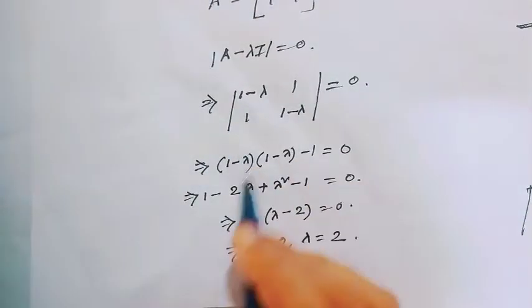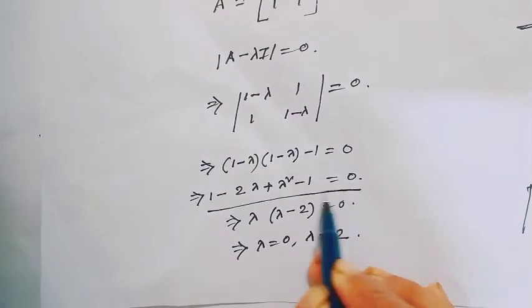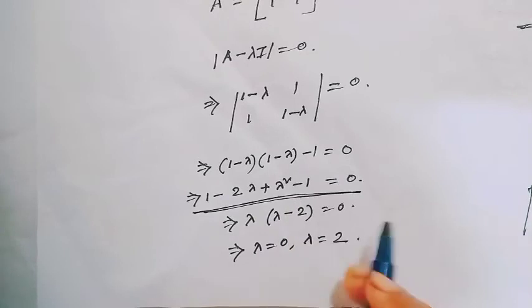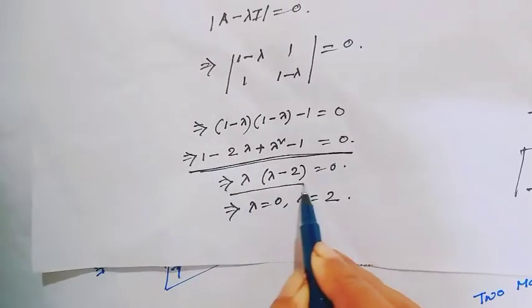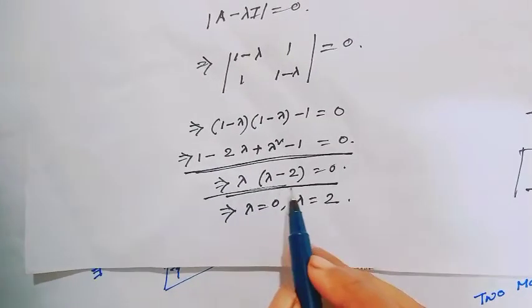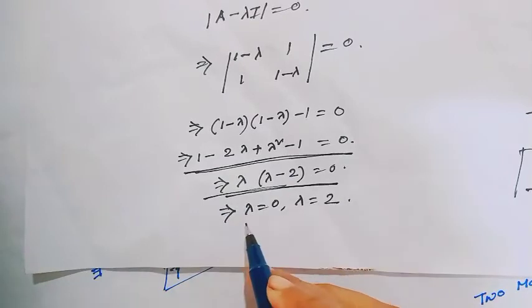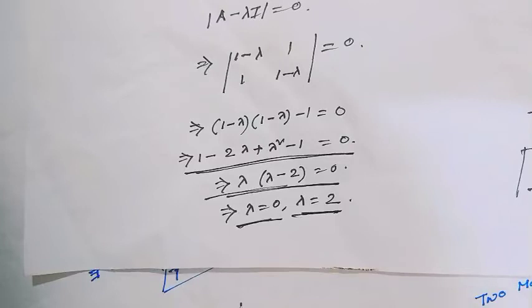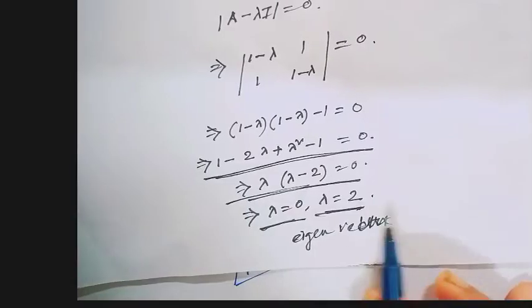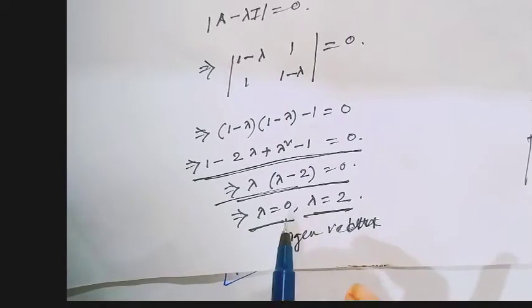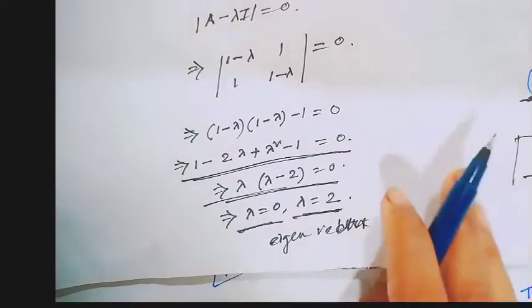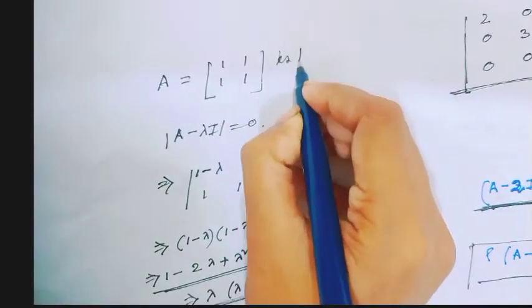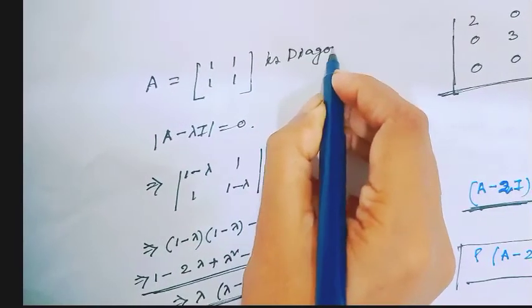From this equation, the characteristic equation is lambda squared minus 2 lambda, so lambda times lambda minus 2. That means lambda equal to 0 and lambda equal to 2 are the eigenvalues. Since both are distinct, the matrix A is diagonalizable.